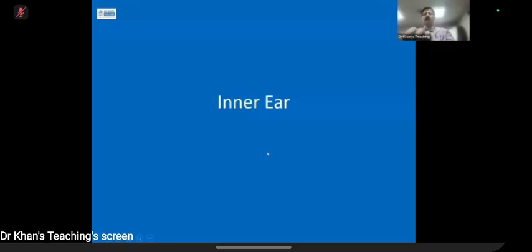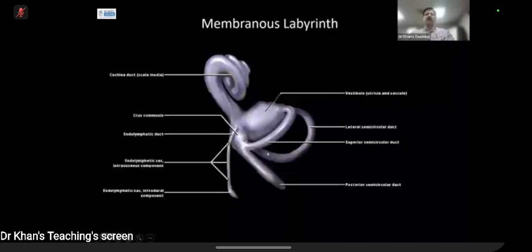From here, a bit about the internal ear. I'm not at all going to go into the details of the internal ear, which is beyond our curriculum. But please remember that the internal ear has an exoskeleton, which is bony. We call it the bony labyrinth.